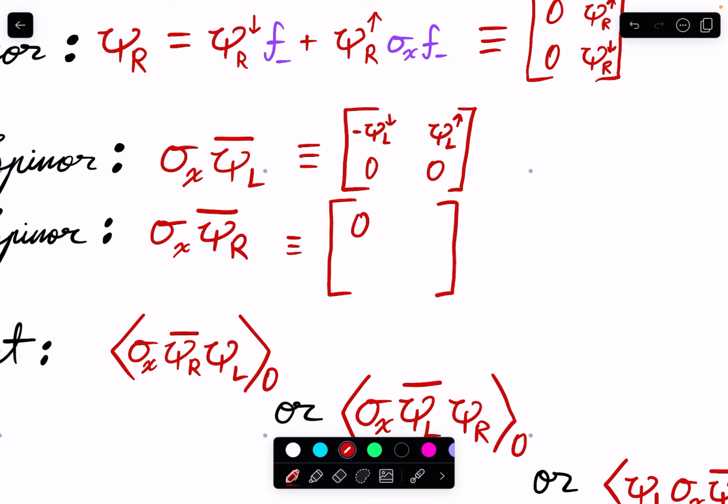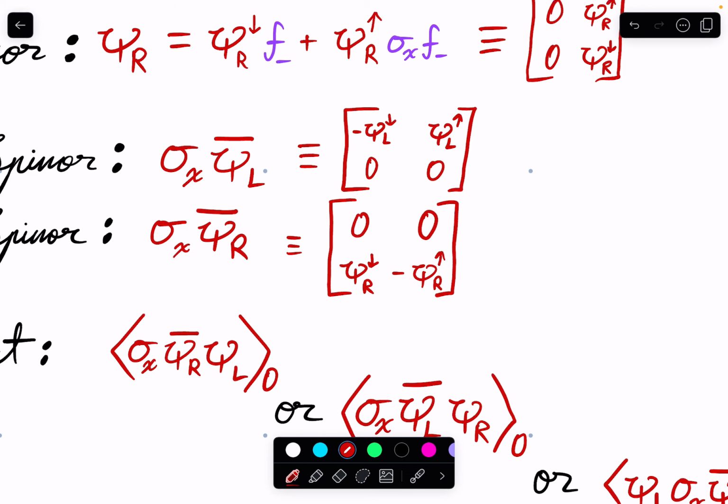But you get 0, 0, spin 1. Yeah, okay, so you get this, and negative spin up.